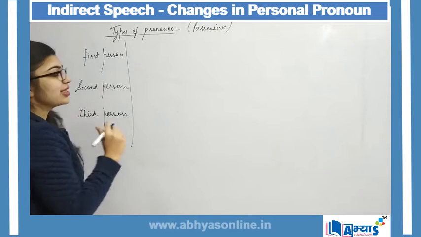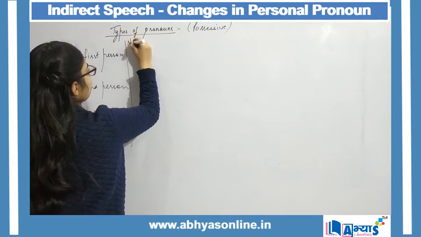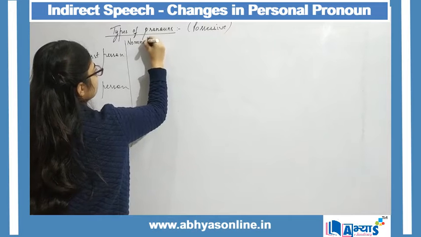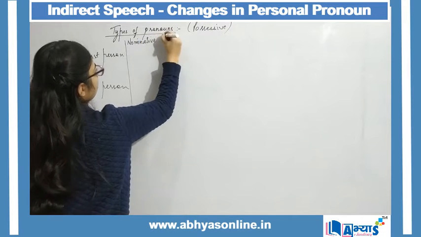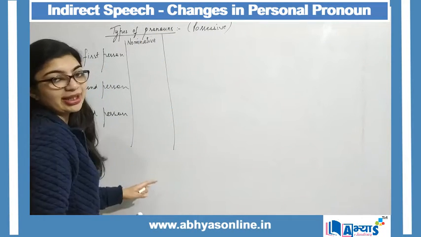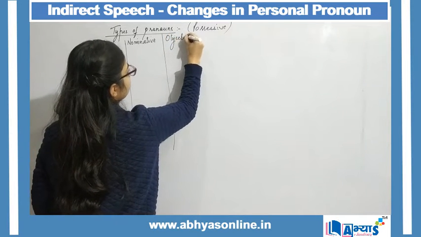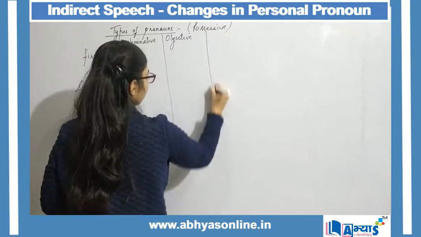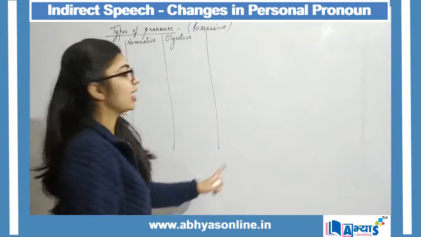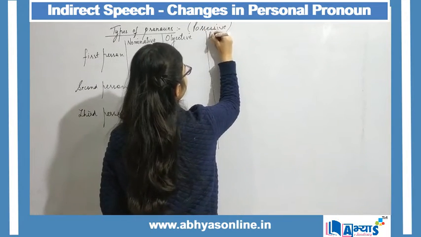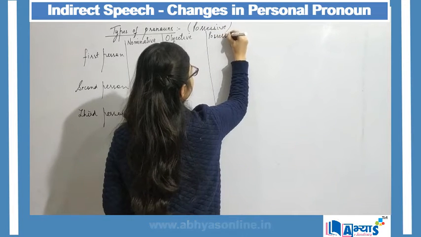So, the first case is the nominative case. The second case is the objective case. The third case is the possessive adjective.